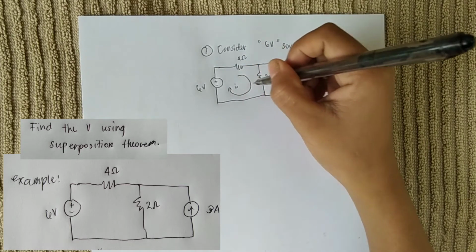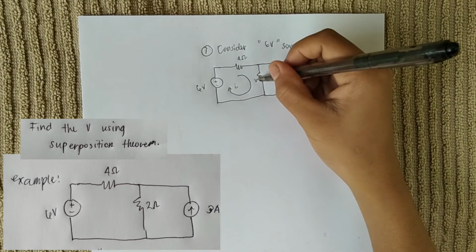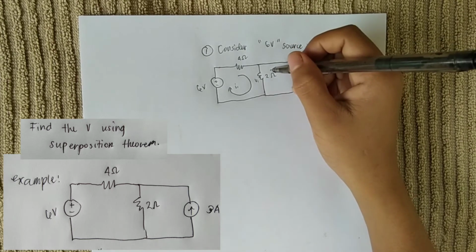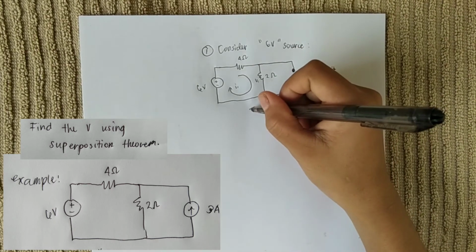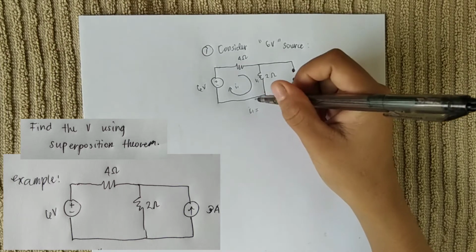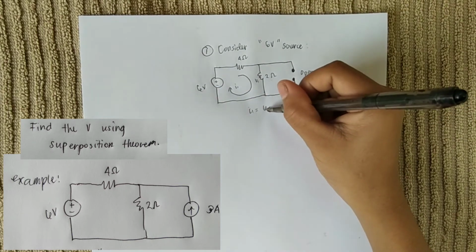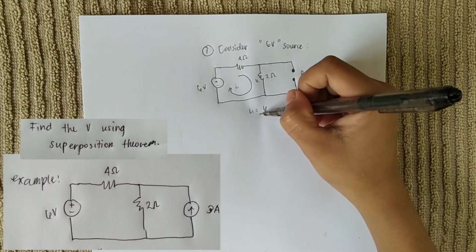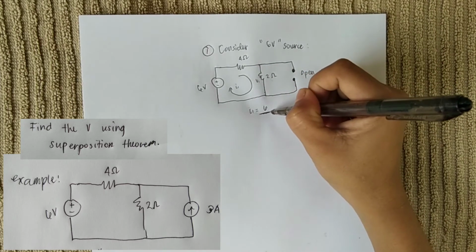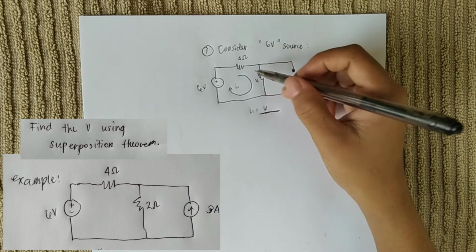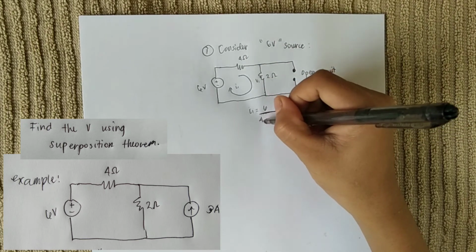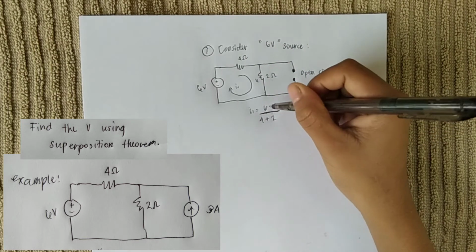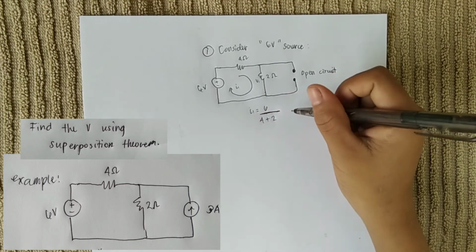So we have loop 1, the I1, then we have the V1. So I1 is going to 6 volts. This is the process: we divide by the 4 ohms of resistors, and then we add the 2 ohms of resistors to get the V1. So I1 equals 1.